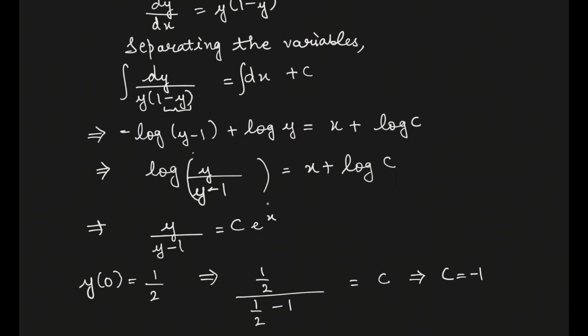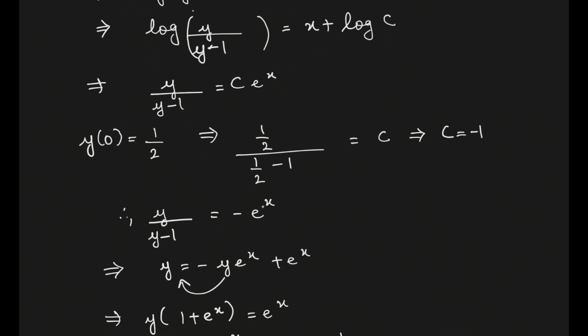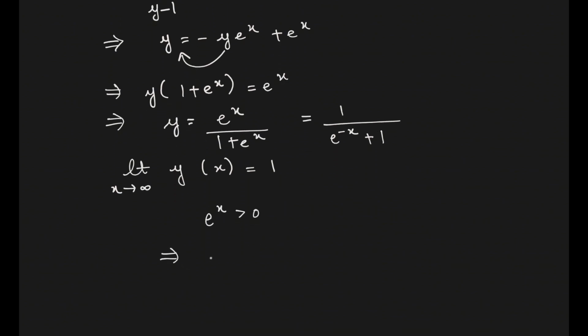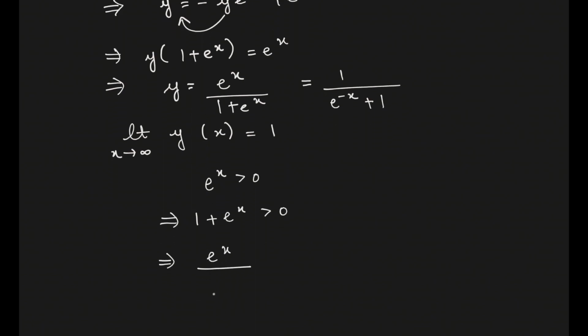Next, I need to check if y(x) is increasing. Firstly, e to the power x is greater than 0. This implies 1 plus e to the power x is also greater than 0. Also, e to the power x upon 1 plus e to the power x will also be greater than 0. So from here, y(x) is greater than 0.